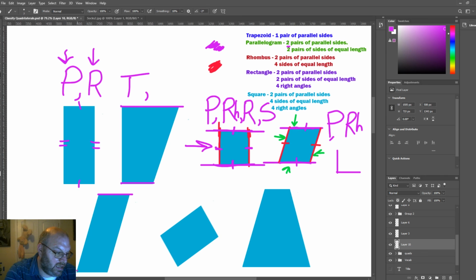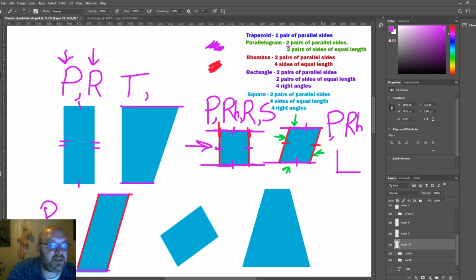This and this. That's one pair of parallel sides. Are these two parallel? Yeah. Looks like that. So looks like this is a parallelogram.